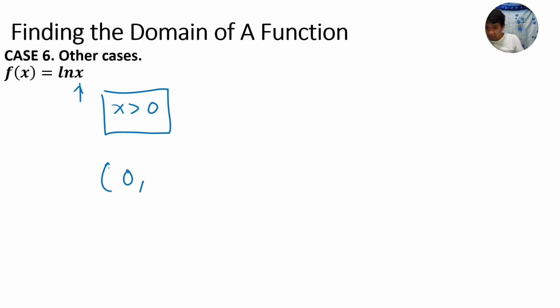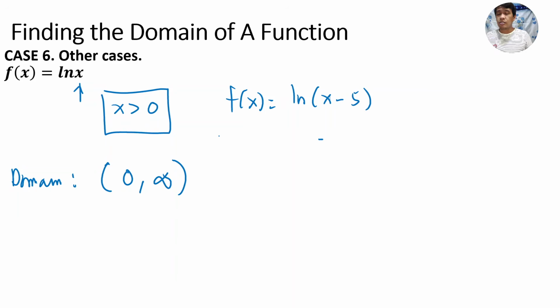So if I have ln of x minus 5 as my given f of x, then x minus 5 must be greater than 0. So x is greater than 5. Therefore, I have a domain of 5 up to infinity, excluded, because it can't be 0.